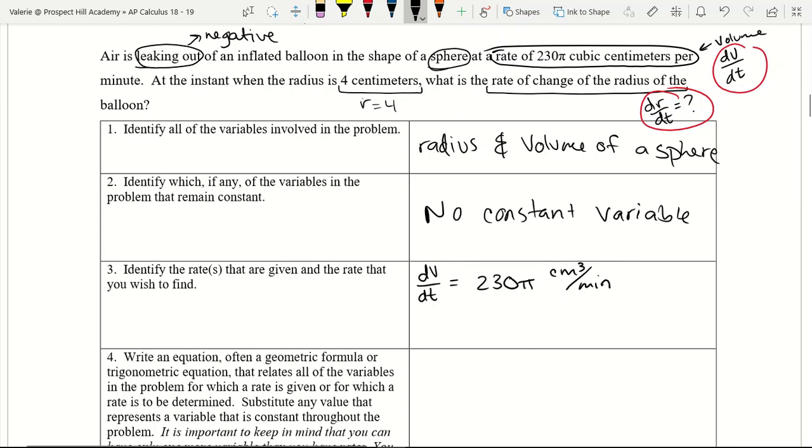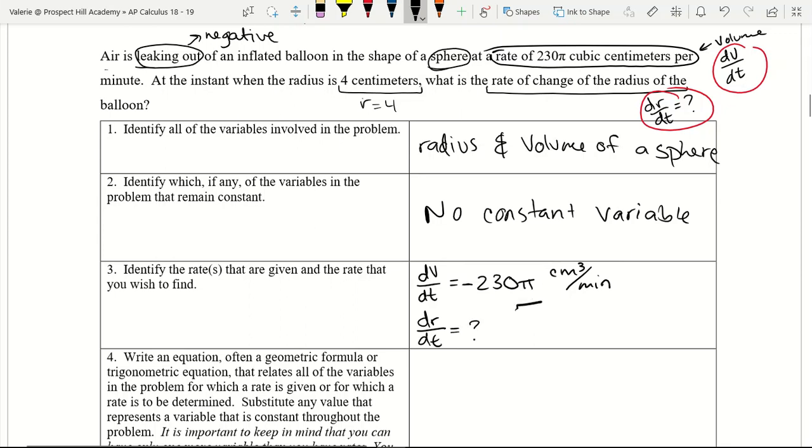There's also a really important piece of this that we found out at the very beginning, which is that air is leaking out of the balloon. So our volume is actually going to be negative because it's going to get smaller. So the rate is decreasing. dr/dt is what we need to find.